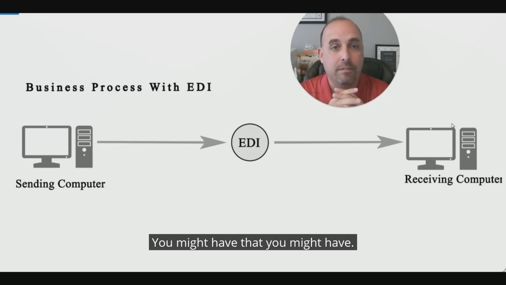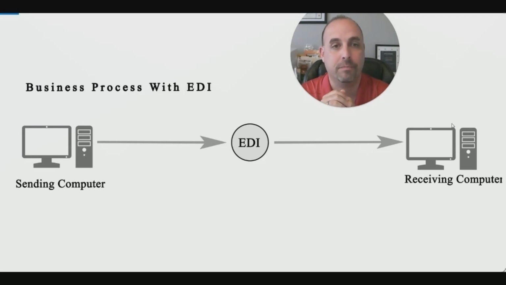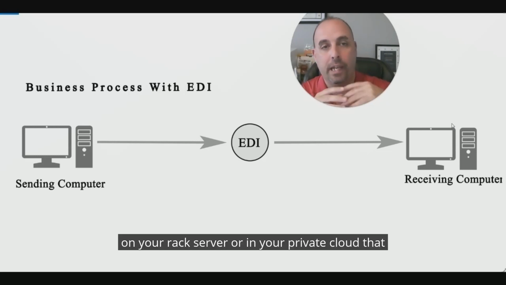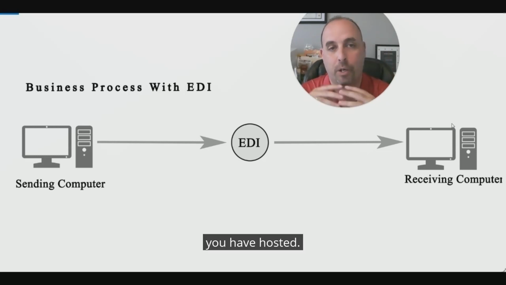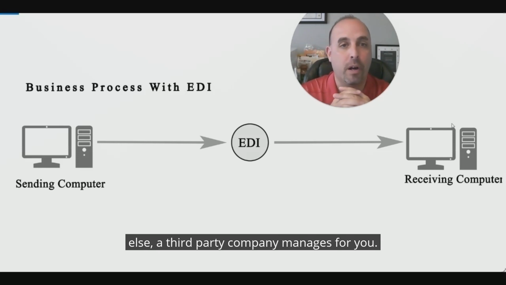It might be on-premise, in your particular system, on your rack server or in your private cloud that you have hosted. It may be a managed solution that a third-party company manages for you.